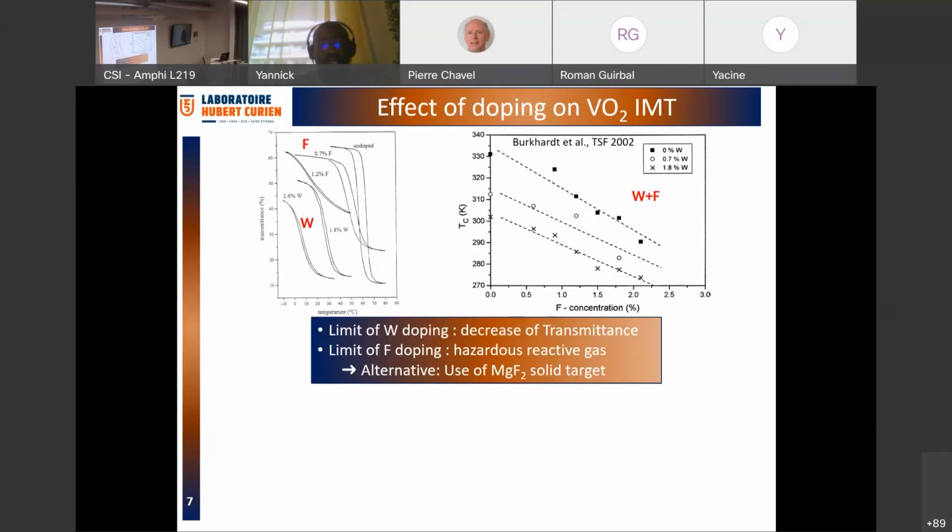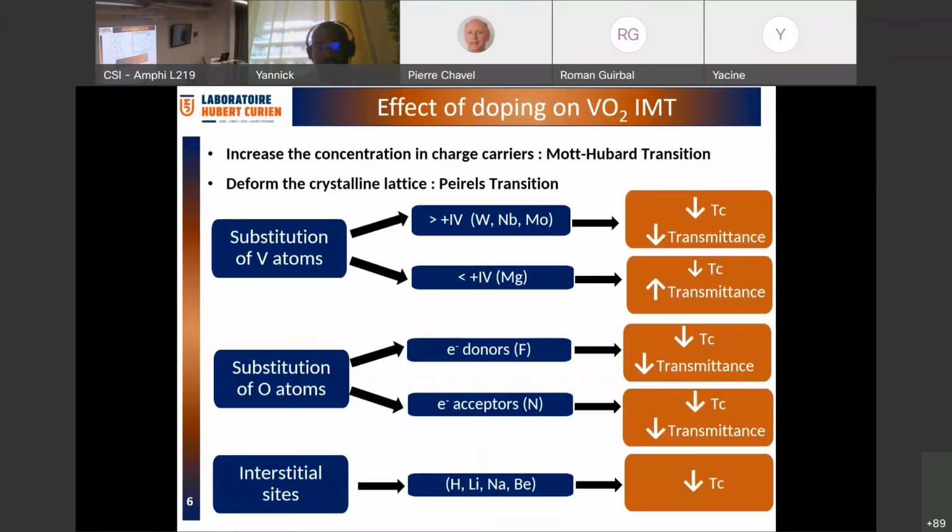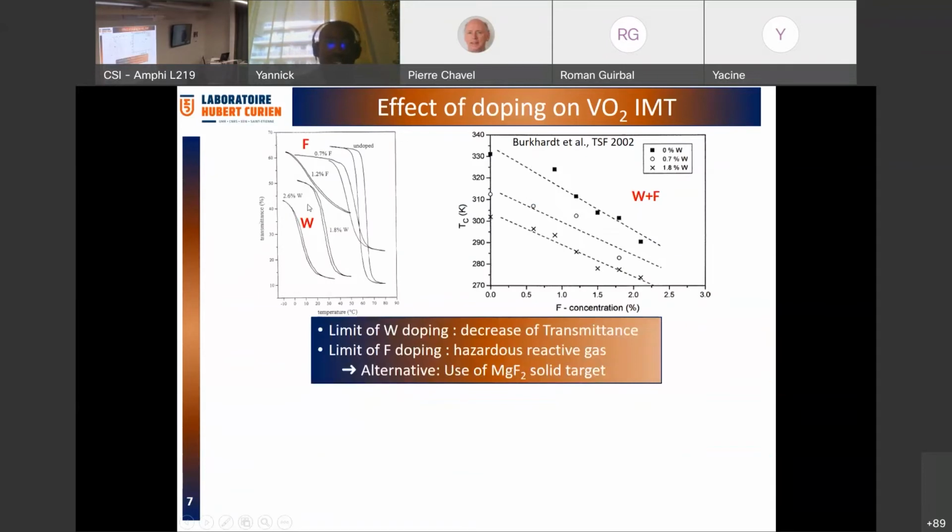With fluorine, we decrease the transition temperature and also decrease the transmittance, not as much as in the case of tungsten, but we decrease. One of the limits of fluorine is that it's a dangerous, reactive gas. Most of the people in the literature use gas. One of the alternatives can be the use of a solid target.